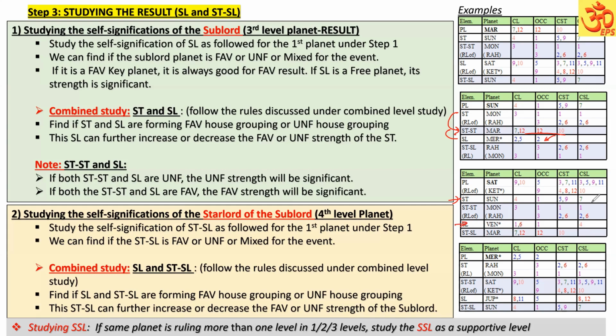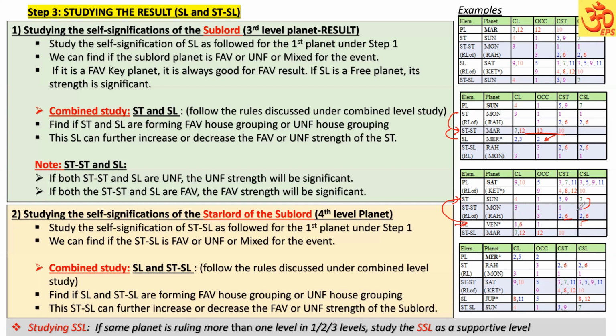What happened? The Star Lord and the Star Lord of the Star Lord, as we discussed in the previous step, are supportive despite some weakness to the second planet. Now when you check the Star Lord and Sub Lord connection, the planet's favorable significations are getting reduced by some mixed signification of the Sub Lord.